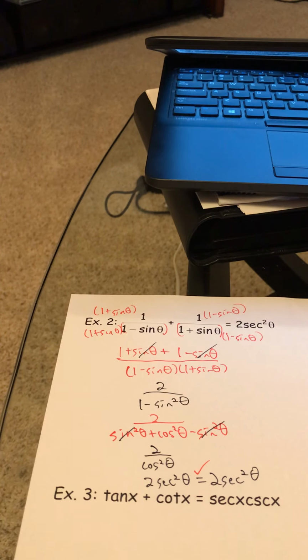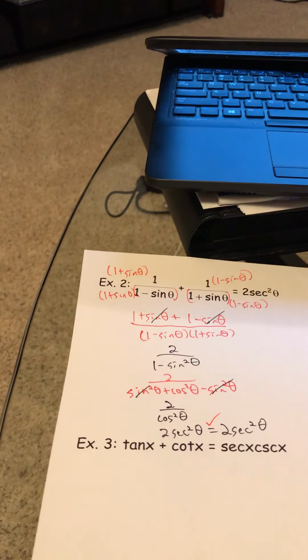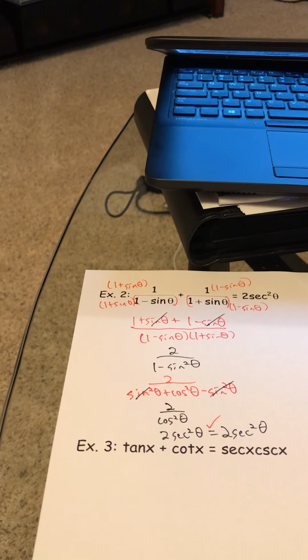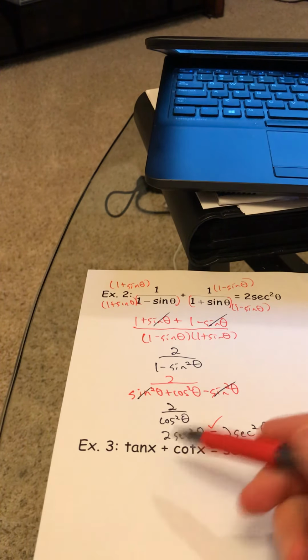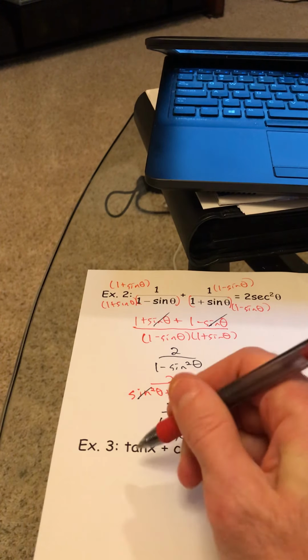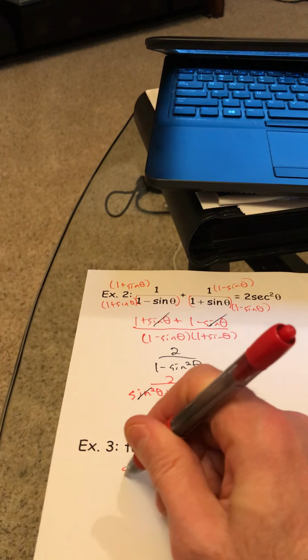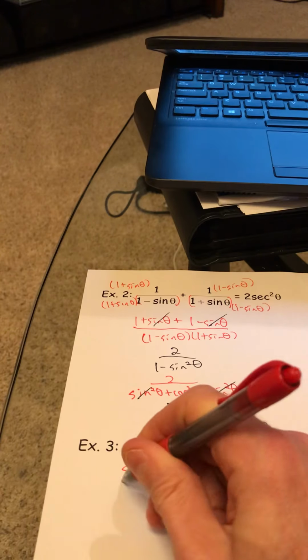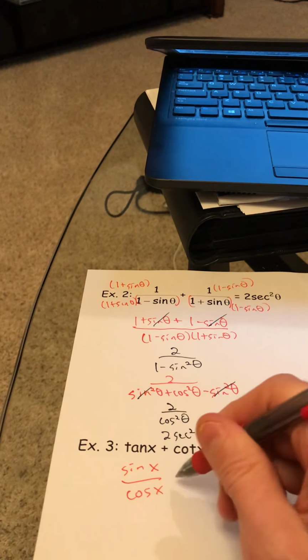All right, final example, tangent plus cotangent equals secant times cosecant. Well, for this, we're going to have eventually 2 fractions that we're going to need to add. So the tangent plus cotangent, we can use our quotient identities. Tangent is sine over cosine.